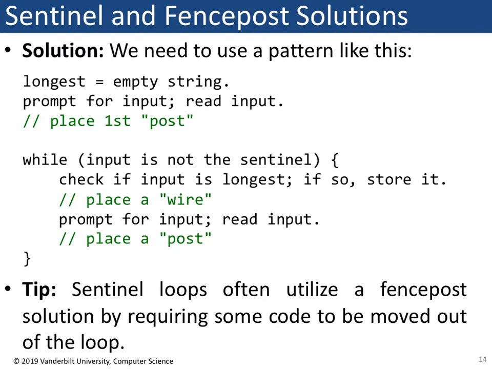So notice now, if the user types in the sentinel, then we are not going to compare it to the longest, and therefore it won't be taking the place of the current longest word. So now we have moved one of our posts outside the loop to the beginning. So now internally we're able to do n-1 checks for largest and prompts for input.